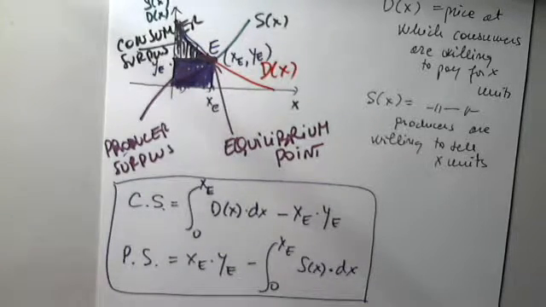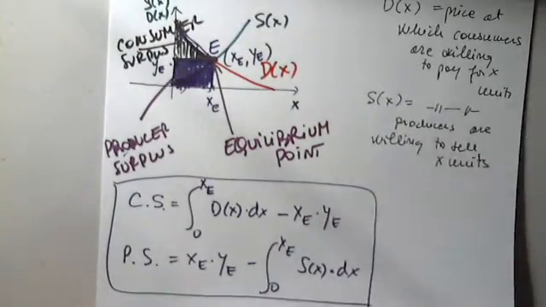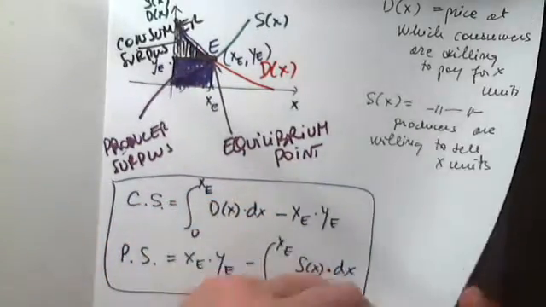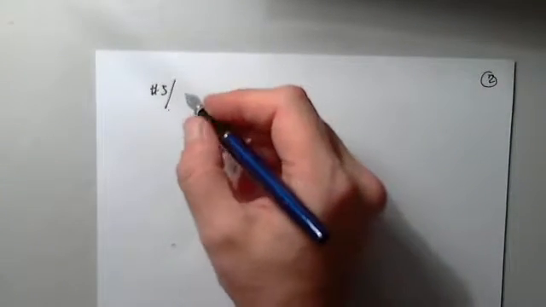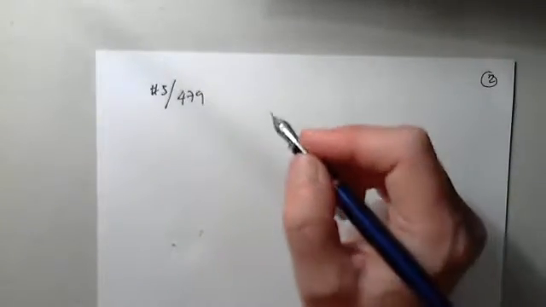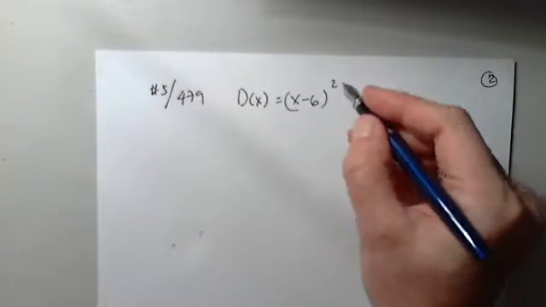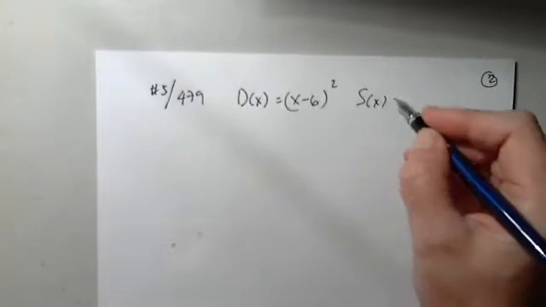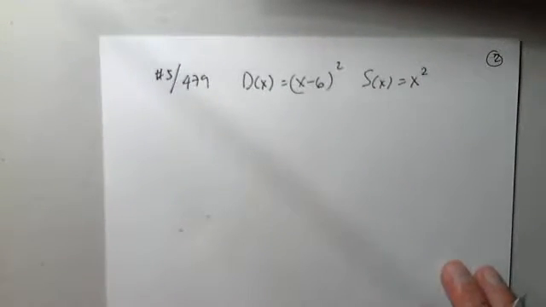So let's look at a couple of examples and see how we determine those areas and how we determine the equilibrium point, which is basically algebra. Okay, so this is going to be my page 2. Let's start with problem 5 on page 479. We are given d of x, the price at which consumers are willing to pay, and s of x, which is x squared, the price at which the producers are willing to sell.